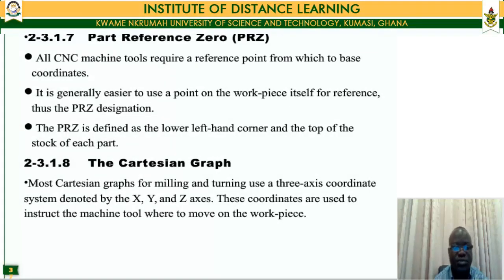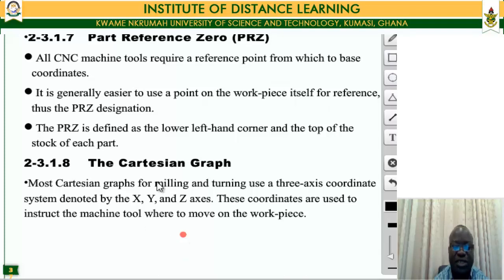Now, there's one important point on the CNC machine, or on every CNC machine, which is called the part reference 0. It is very important for all CNC machines to have a reference point on which to base their coordinate system.